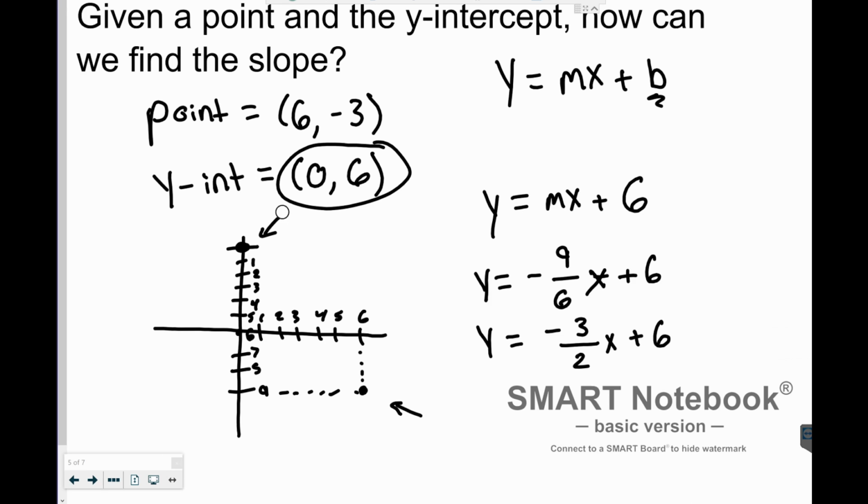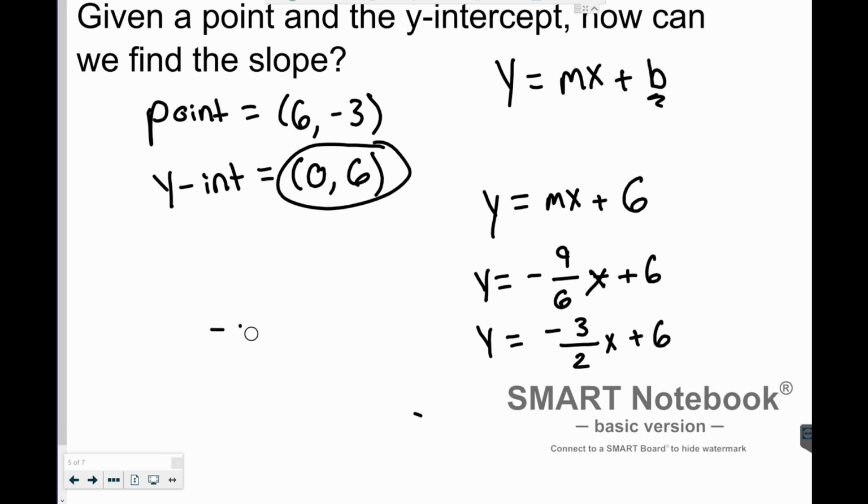Now, you don't necessarily have to draw this out. You can think in your head at exactly what the change is between these 2 points. So let's do it that way. Let's erase the graph and think about it this way. We have 2 points. We have 0, 6, and we have 6, negative 3. How do we get from 0 to 6? This is our x value, so this would be our run.